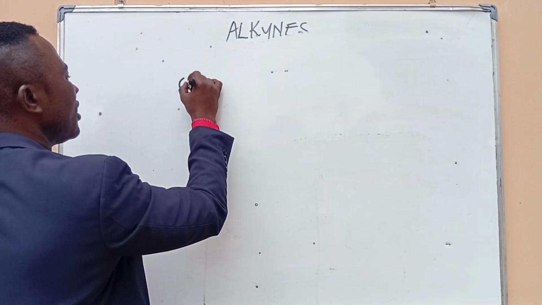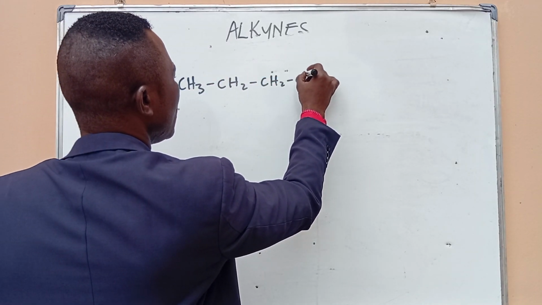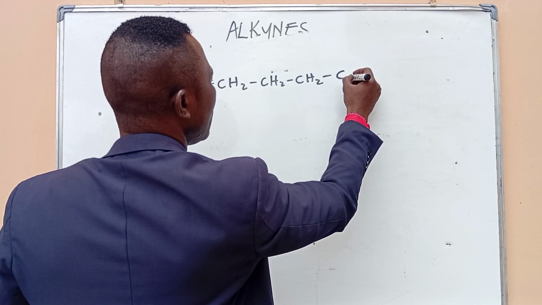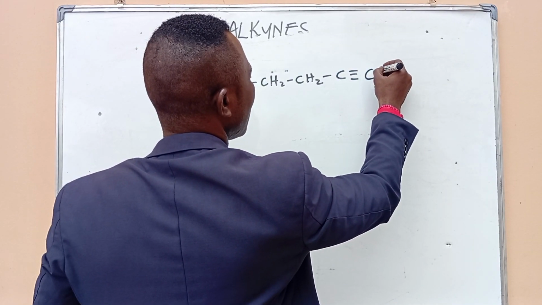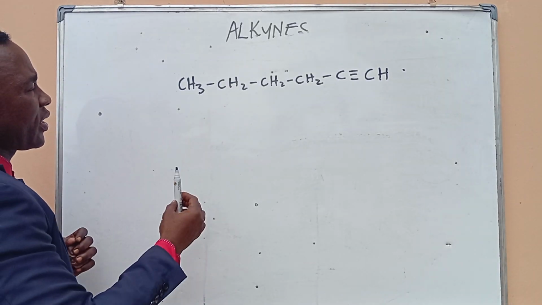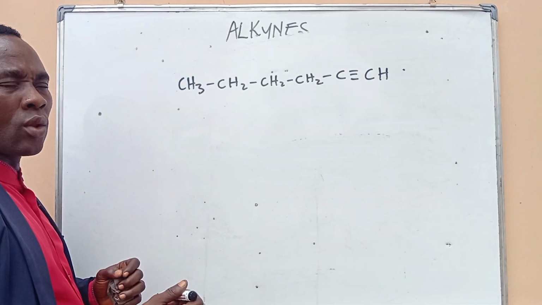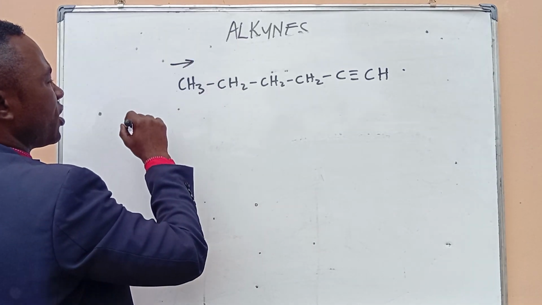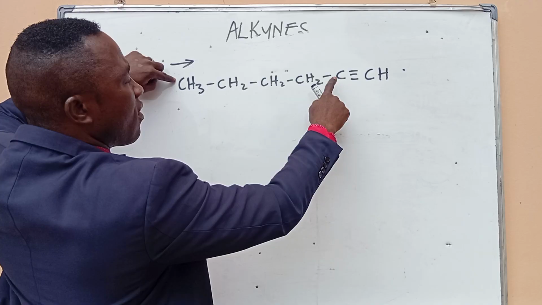Now when you have CH3, CH2, CH2, CH2, C triple bond, then CH, the longest carbon chain that bears the triple bond is this. But how do we number? If we number from here, this will be 1, 2, 3, 4, 5.